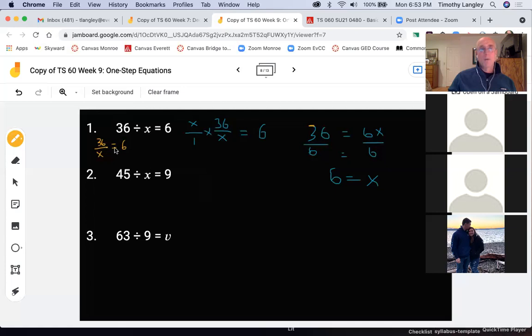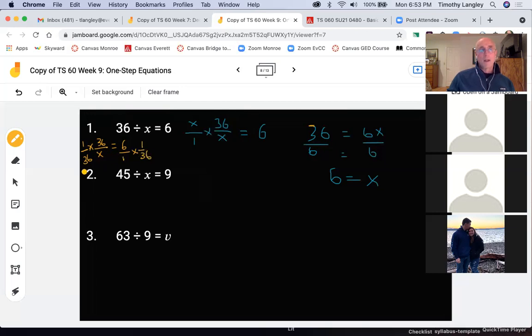So what I would do on this one is multiply each side by 1 over 36. I don't know if that seems confusing to you, but I'll show you why. Remember I said if you multiply by the reciprocal, that means I'm going to have 6 over 1 times 1 over 36.